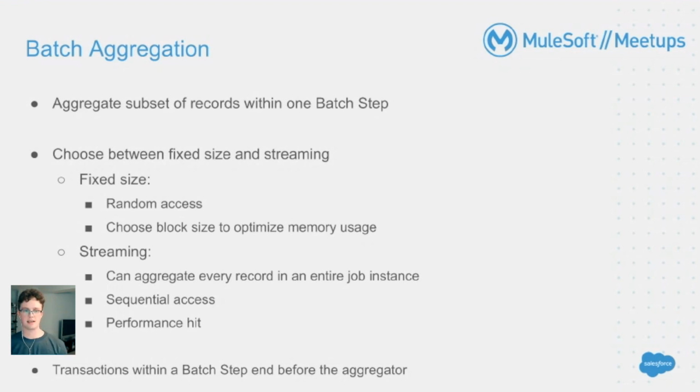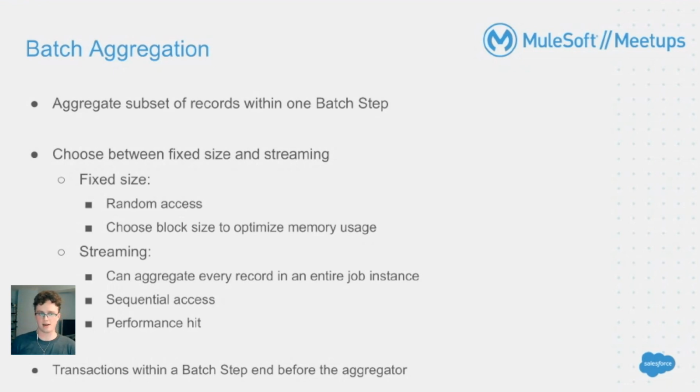You can't extend that transaction into the aggregator. So you can't have processors within the step doing something within the transaction, and then if the final bulk insert fails, you can't roll back what happened during the transaction automatically.